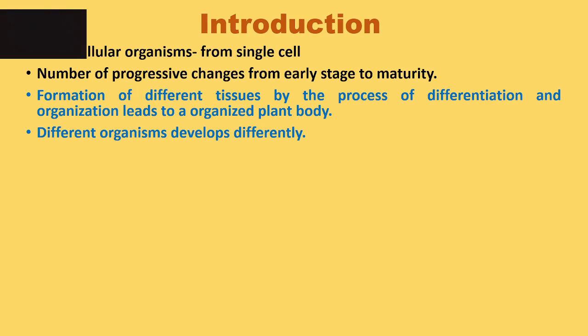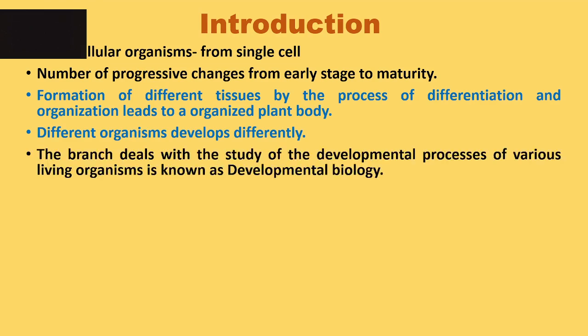Different organisms develop differently, meaning the developmental processes in different organisms are different. There is a branch of biology which deals with the different types of development processes of various organisms.